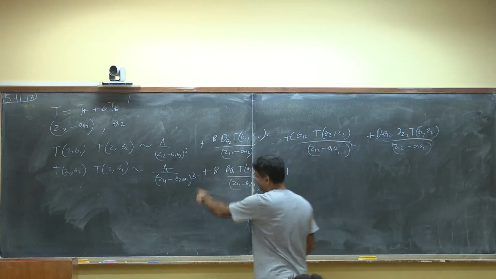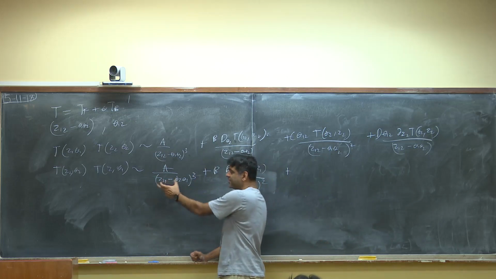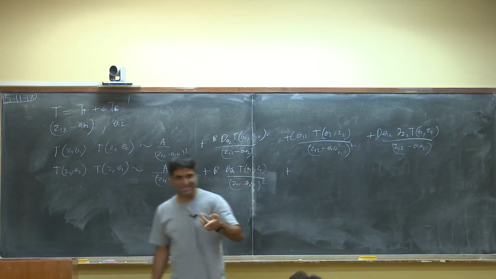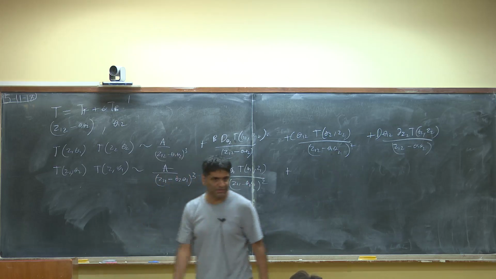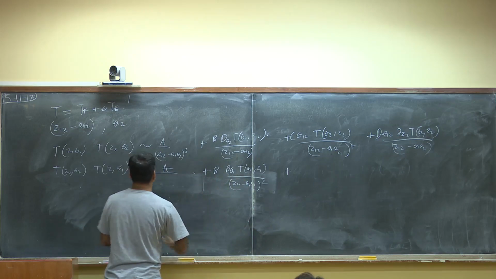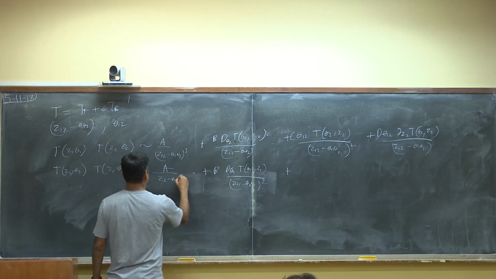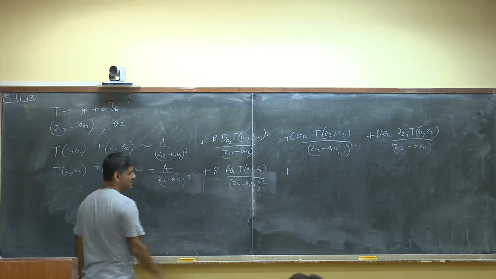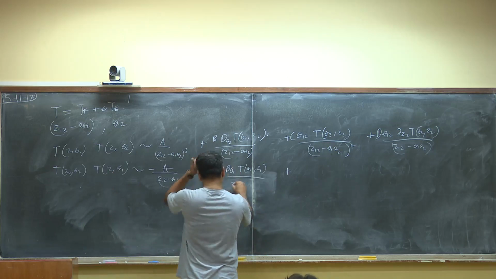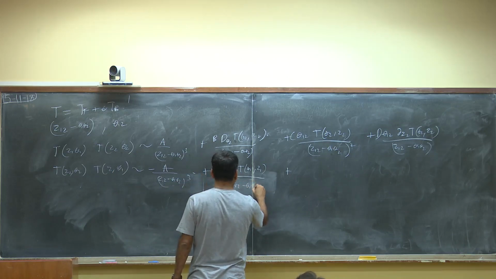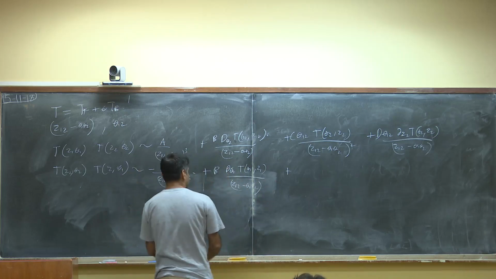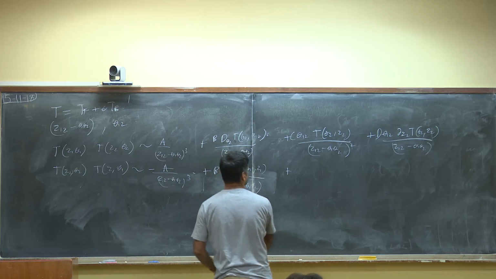Now, I won't keep writing this. You see that this whole thing here goes to minus itself. This goes to minus because it becomes Z21, and this goes to minus because of the switching of the order of the thetas. So here we might as well straight away write this again as Z12 minus theta 1 theta 2, the whole thing cubed, but with a minus sign. This also we can just write as Z12 minus theta 1 theta 2 with a plus sign.